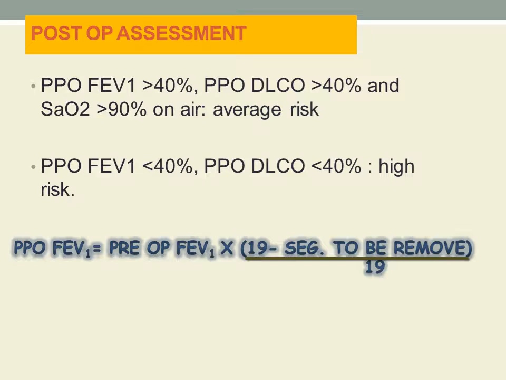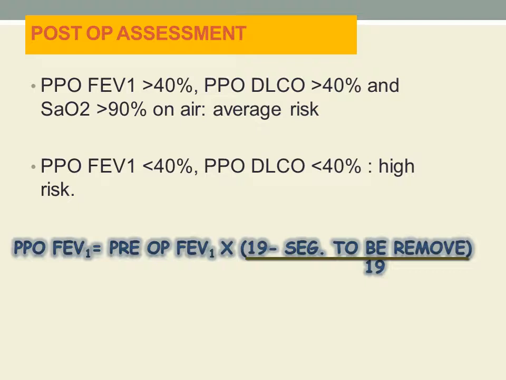So the postoperative lung function is estimated by the method of segment counting. The total number of segments is 19. The number of obstructed segments, measured by imaging, is subtracted from the 19 to obtain the number of functioning segments.